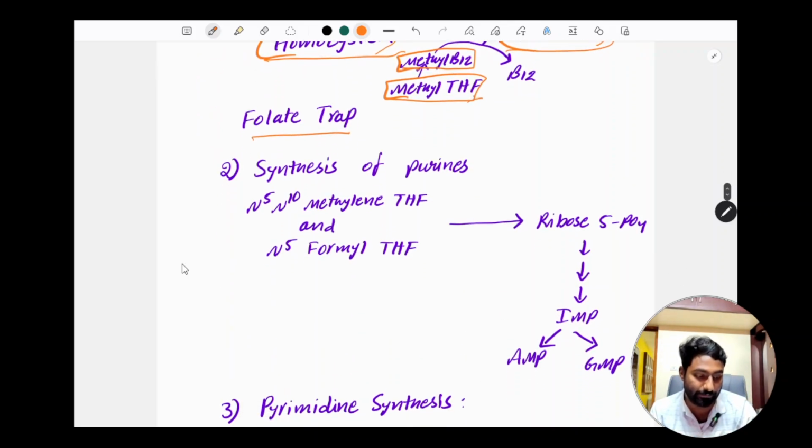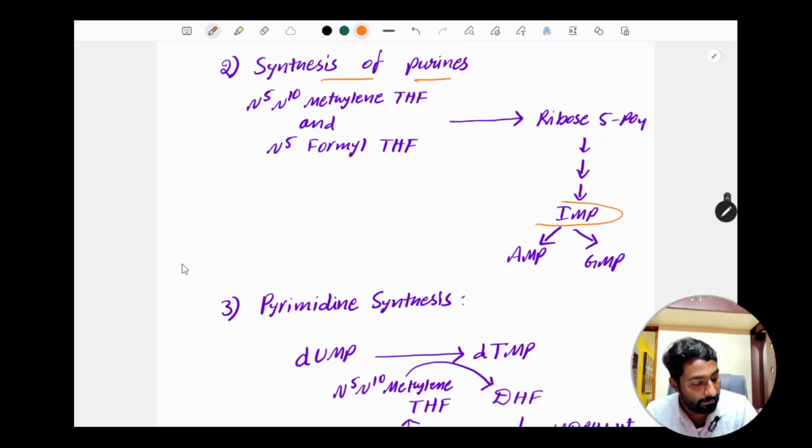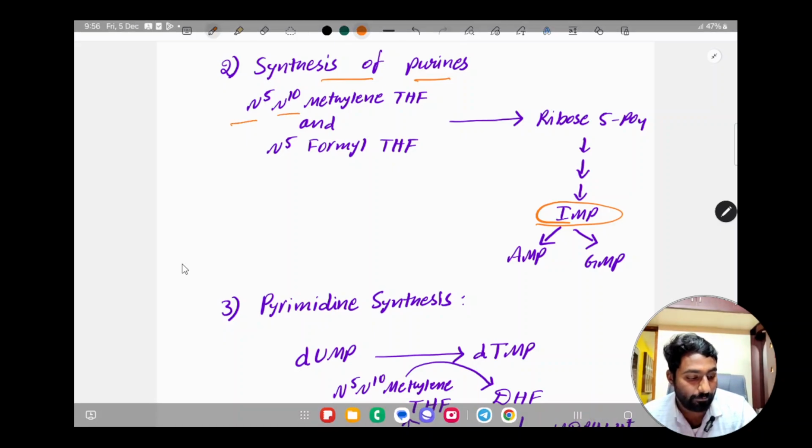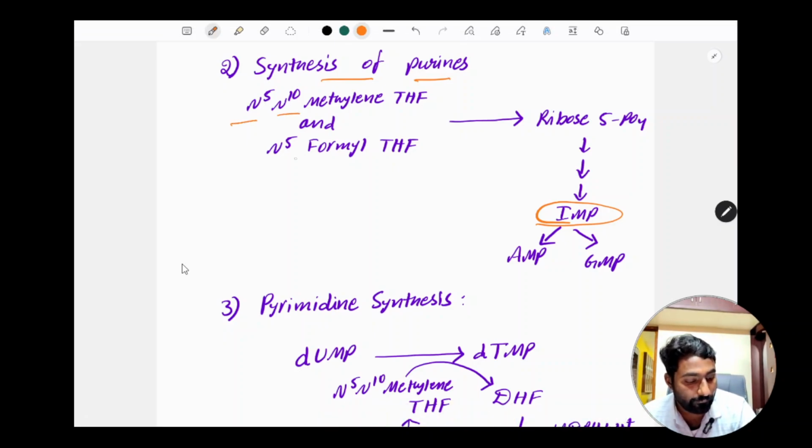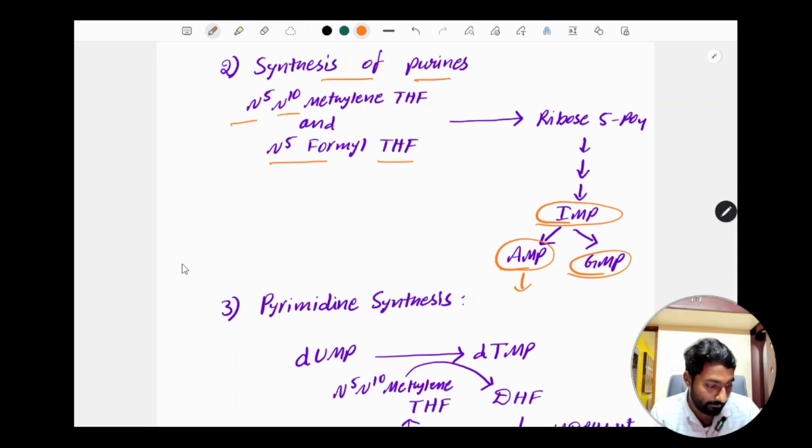Now during the synthesis of purines, IMP is formed from N5,N10 methylene THF and N5 formyl THF. From IMP we are getting AMP and GMP. From AMP we get ATP, and from GMP we get GTP, which are required during DNA and RNA synthesis.